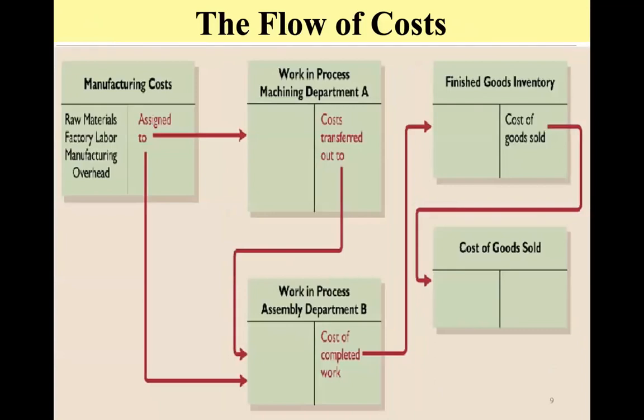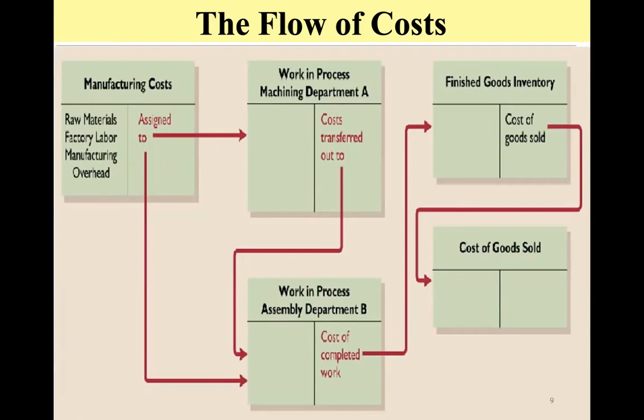Now, this is very important, the flow of costs. According to these flows only, we are keeping accounts, right? So the double entries will be kept according to this flow. First, for the manufacturing costs, we have raw material, factory labor, and manufacturing overheads here, right? That will be given to you in the question.